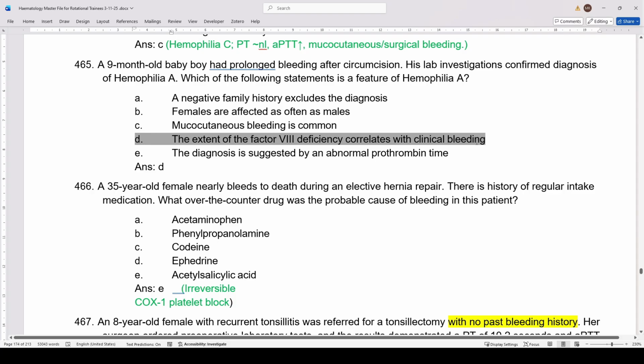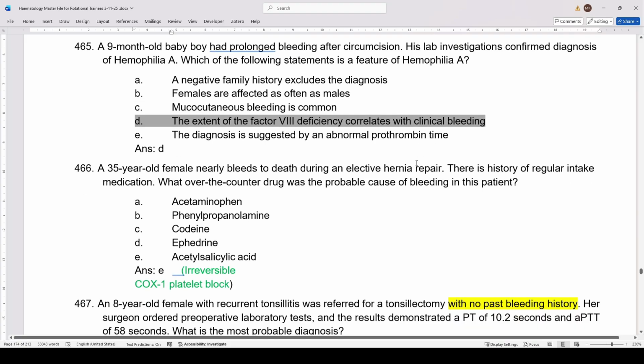This is correct. If the factor is less than 1%, the patient will have severe deficiency. If the factor is more than 5%, the patient will have mild deficiency. So the clinical or phenotypic picture correlates with the factor levels. So option D is correct here. And the diagnosis we will do with APTT, not with prothrombin time.